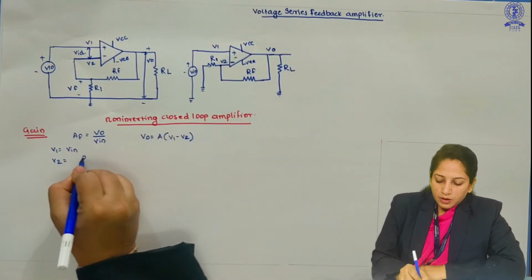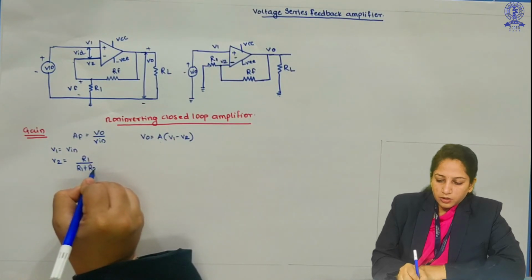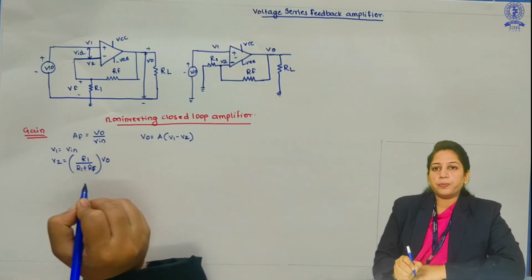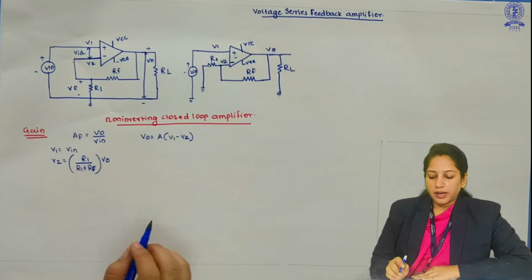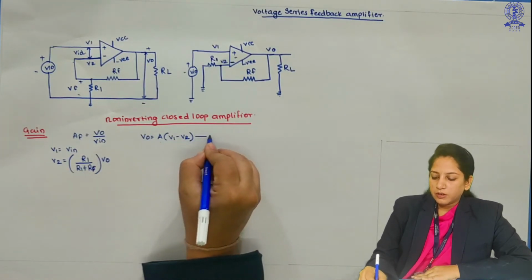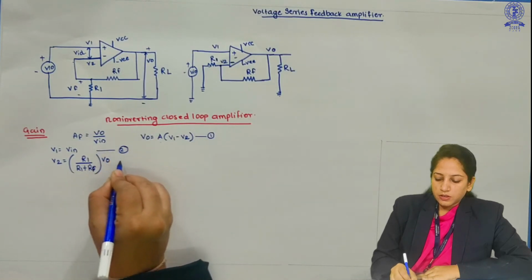So it becomes R1 upon R1 plus RF into V0. Now we have got V1 and V2 and we will substitute both values in the first equation. So this is equation 1, this is 2, this is 3.